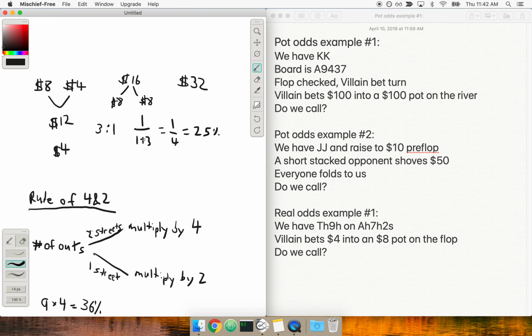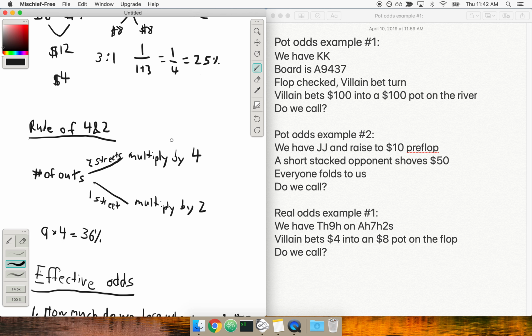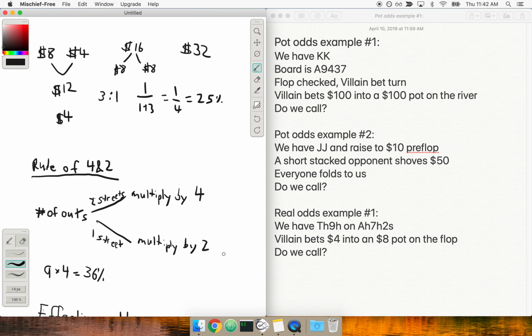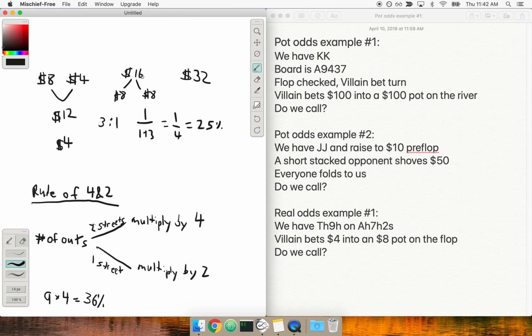The effective odds calculation, if we scroll back down here, how much do we win when we hit? It assumed that we're just going to win the $20, the 8 plus 8 plus 4. In reality, on the river, we can bet and expect to get called sometimes.